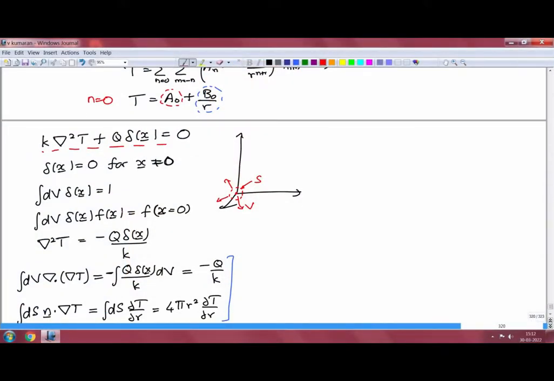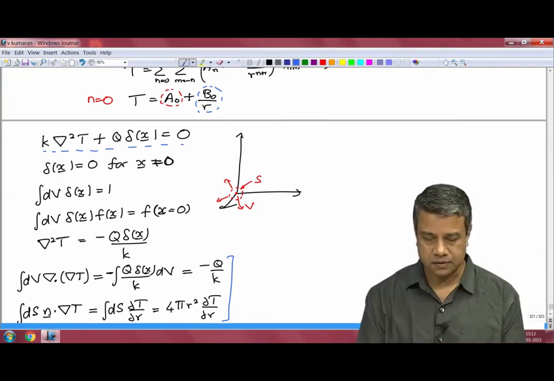In the previous lecture, we had discussed the concept of a point source of heat with source strength Q. This was defined by the equation K times the Laplacian of T plus q into delta of x is equal to 0.